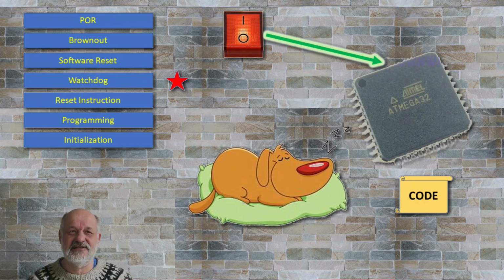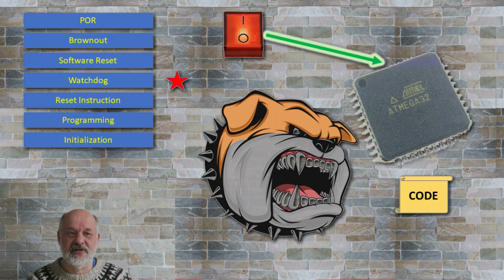The most common reason for software reset is a so-called watchdog. Watchdog is a thing that is running in the background, and if it is not frequently told that yes, I'm in good condition, I'm running, it will wake up and bite the program.